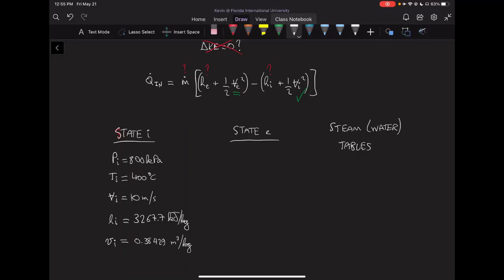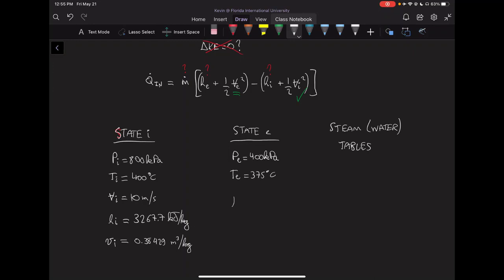Now, in state E, we also have to find HE from our tables. So we can say at state E, we're given that the pressure at the exit is 400 kilopascals, so half the pressure, and we have a T at the exit of 375 degrees Celsius.